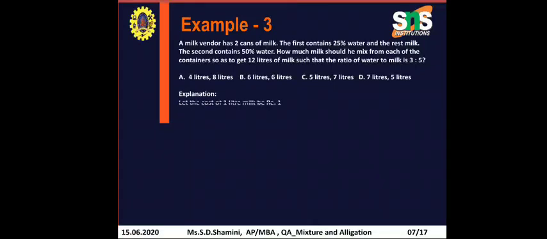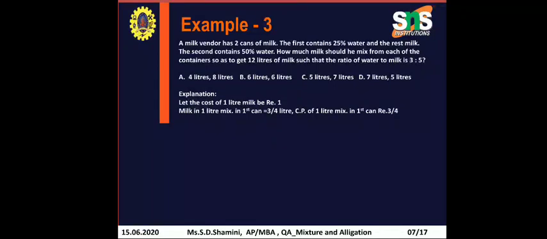So let the cost of 1 liter of milk be ₹1. Milk in 1 liter of mixture in the first can is equal to 3/4 liters, because they said the first can contains 25% of water, so the remaining 3/4 portion will be milk.